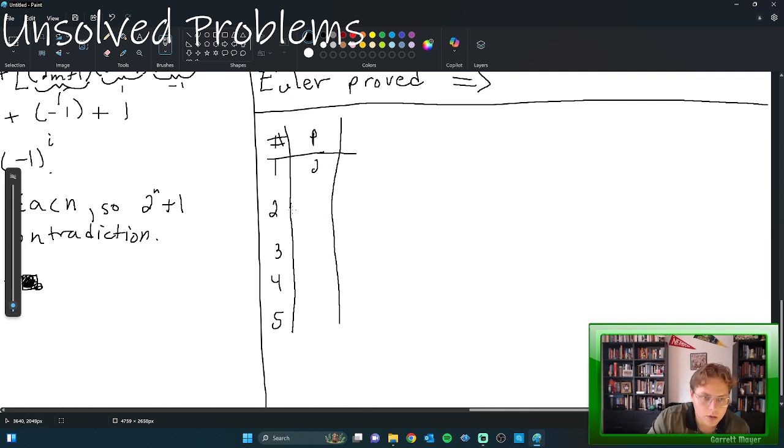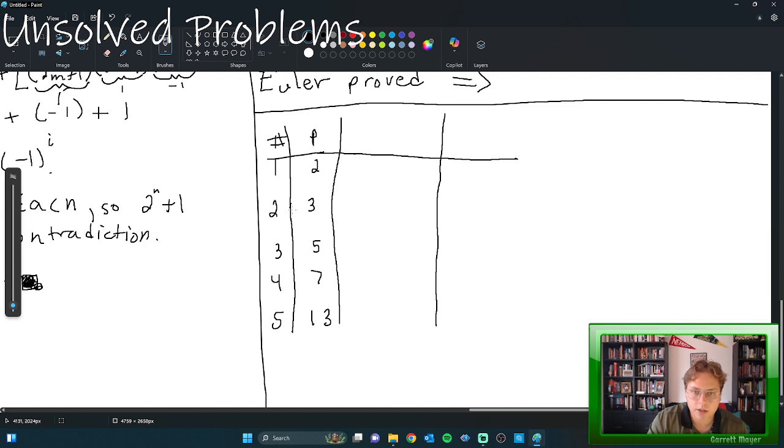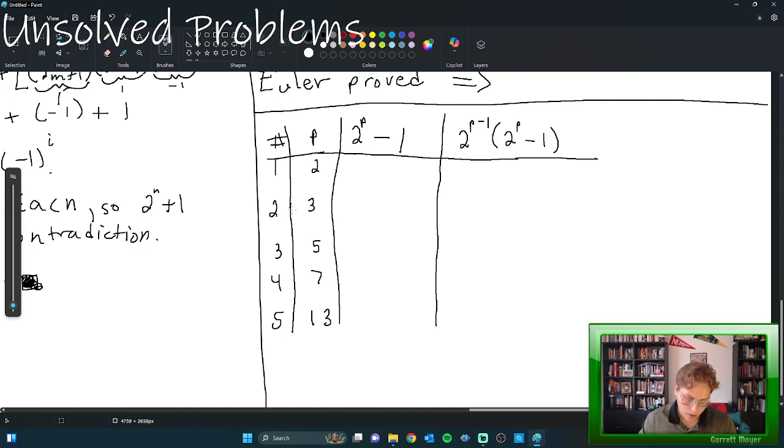It's going to be 2, 3, 5, 7, 13. Because remember, 11 doesn't work. And then what we'll look at next is the Mersenne prime, 2 to the power of p minus 1. And then we'll look at the perfect number, 2 to the power of p minus 1 times 2 to the p minus 1.